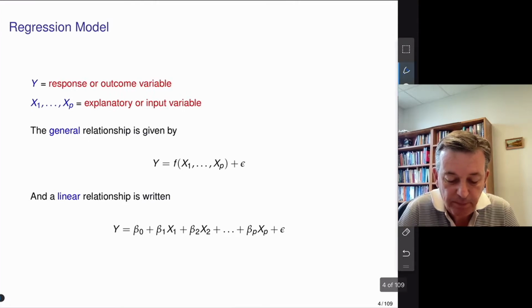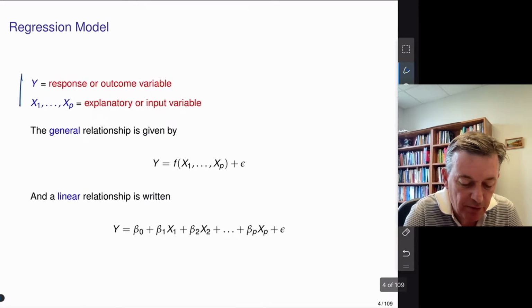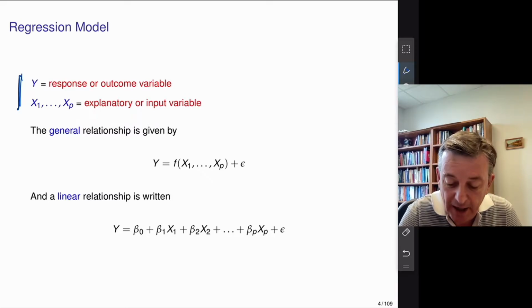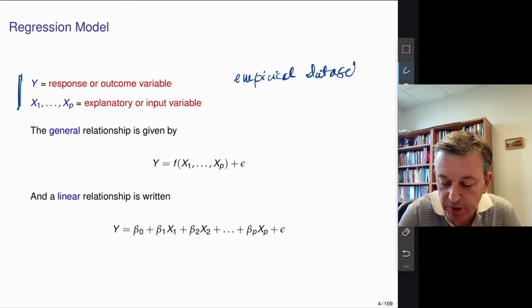So the basic idea of machine learning is I have some output or response variable y, and I have a bunch of input variables, and I have some empirical data set. So I have yi, xi pairs, where x is a big vector.